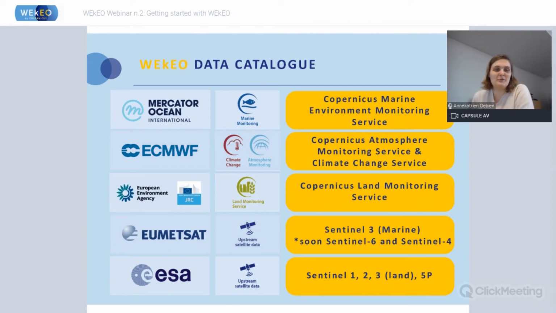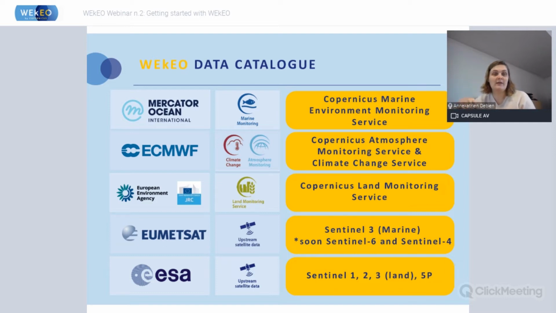So to show you which data are then available. As I mentioned already, WEkEO is a partnership between Mercator, ECMWF, the European Environment Agency, and EUMETSAT. And they already offer quite a bit of the Copernicus data and information.